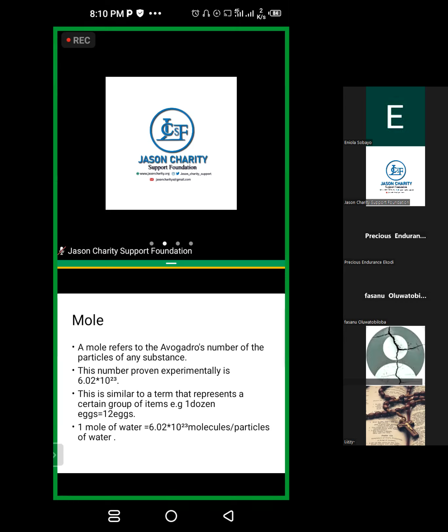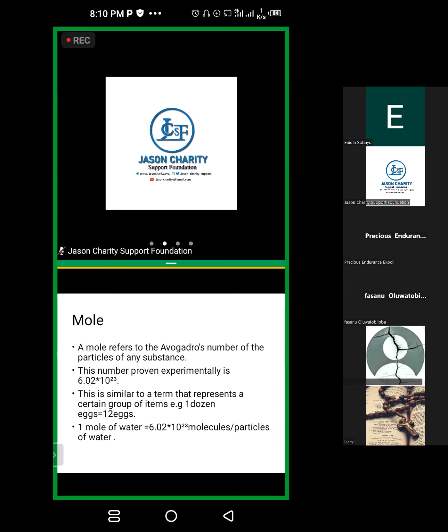So once we have a particular number, let's bring it to a practical example: 1 mole of water. 1 mole of water is the same thing as 6.02 times 10 raised to the power 23 molecules, or we could say particles, depending on what we are saying. This also stands for every other compound.